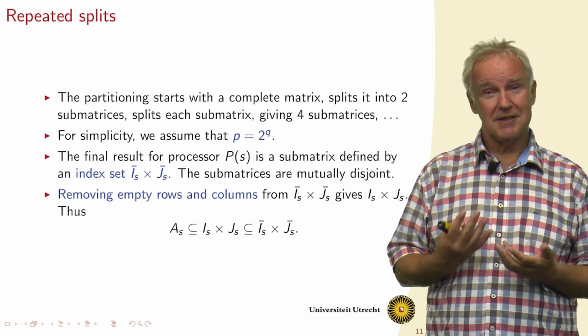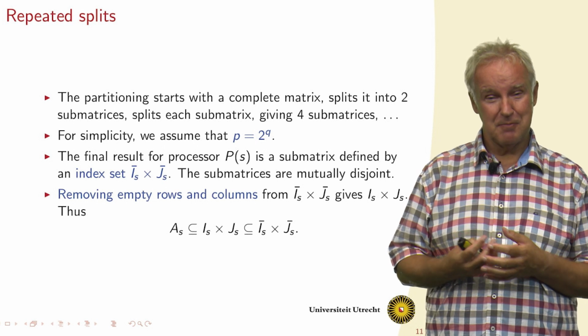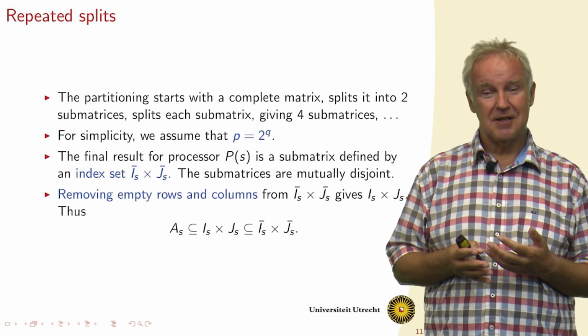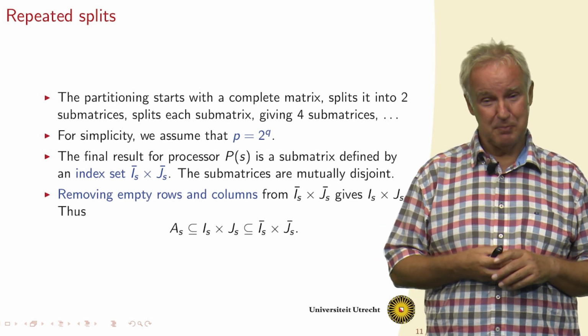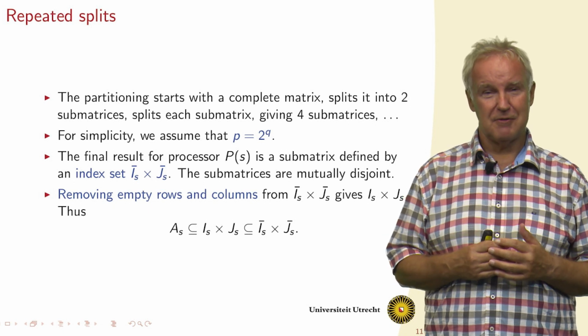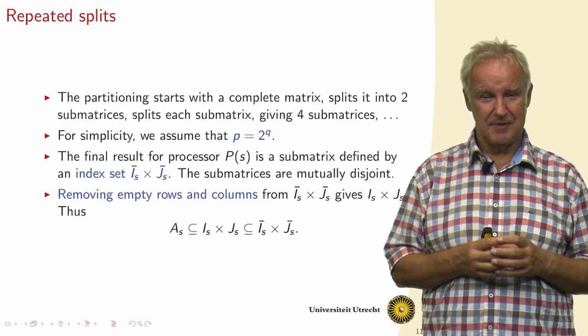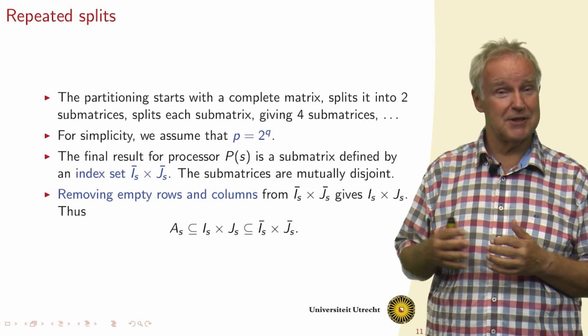We can repeatedly try splitting by row and column, choosing the best, and do that during our algorithm. And if we have a power of 2, p equals 2 to the power q, then after q levels of split, we are done. So altogether we need to perform p minus 1 splits.